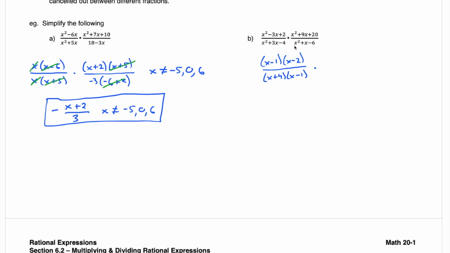And then we'll multiply that by the x squared plus 9x plus 20. We'll go to x plus 5, x plus 4. And the last one, the denominator there, we'll factor to x plus 3, x minus 2.